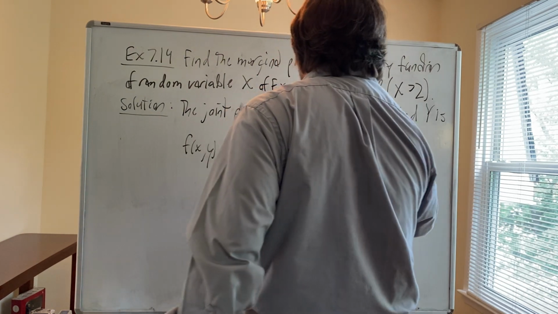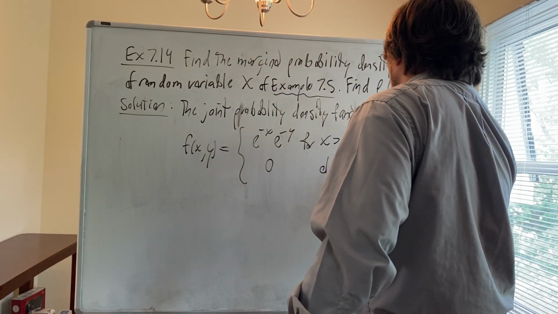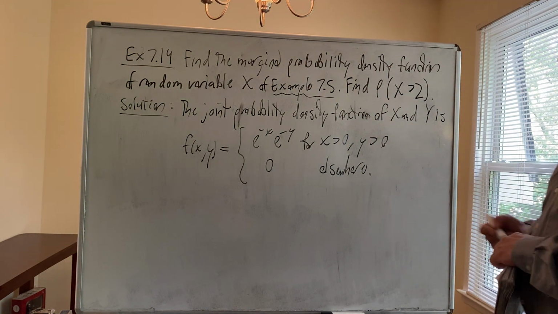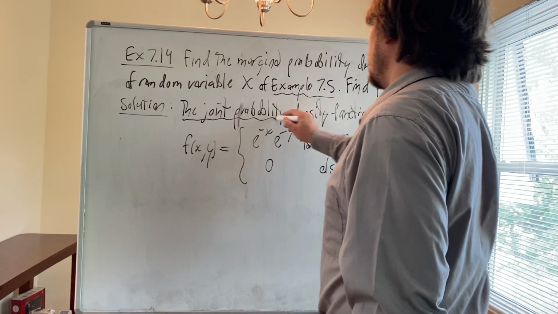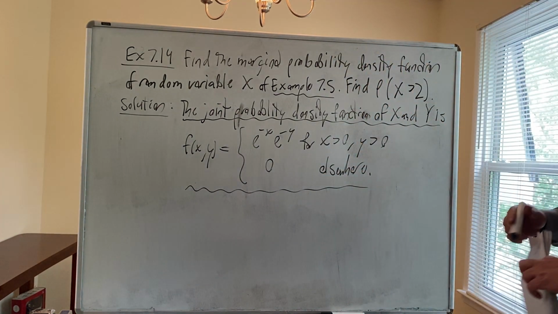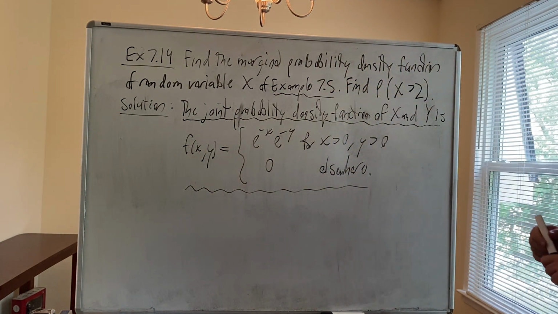And it's 0 elsewhere. Okay? So that's what you need to know from example 7.5. The joint probability density function of x comma y is that.